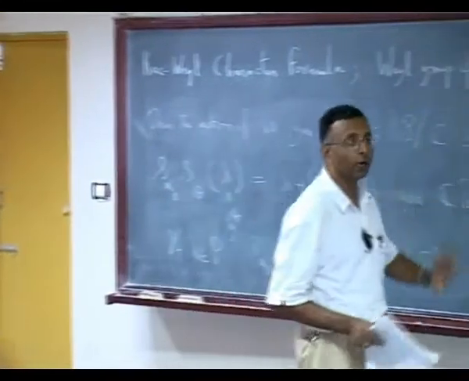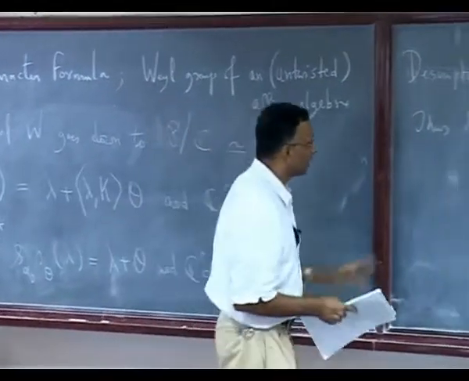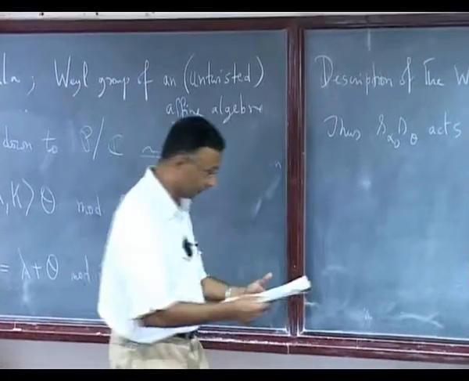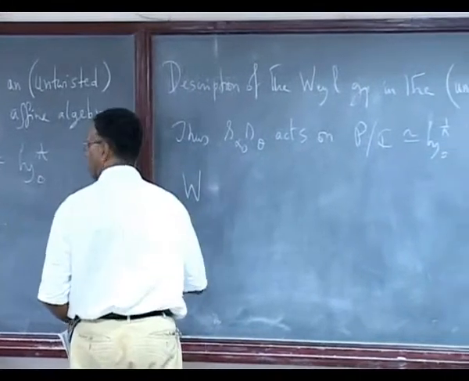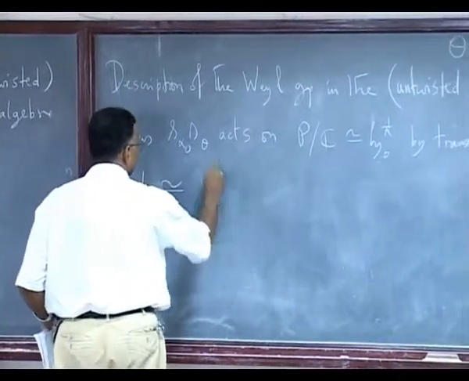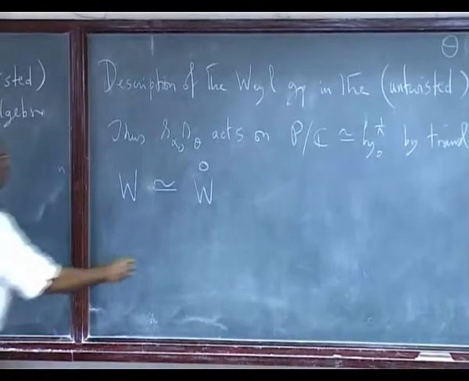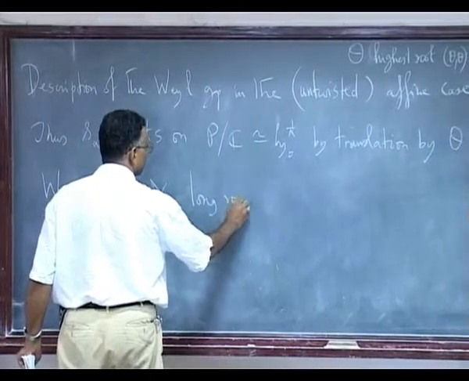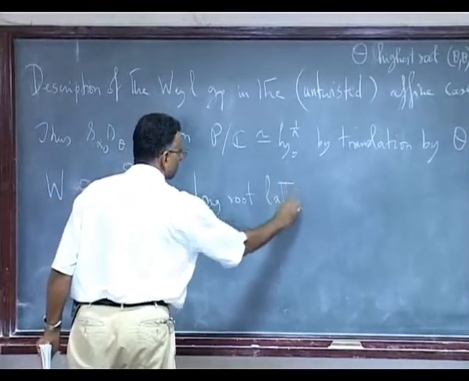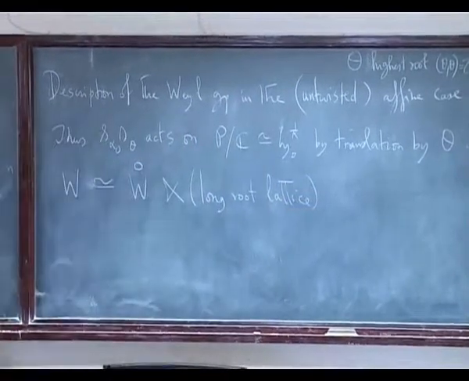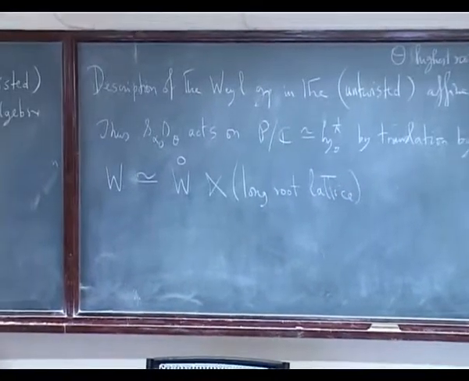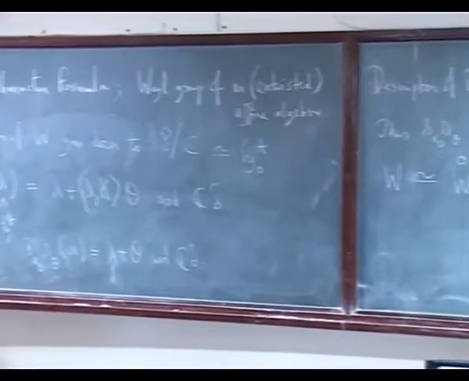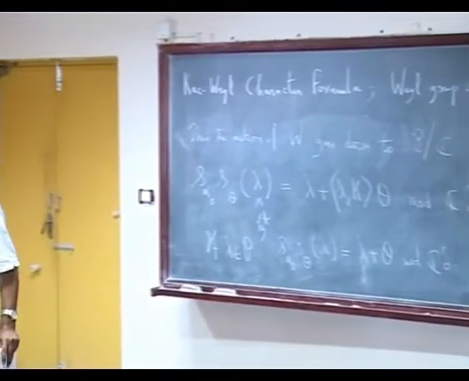So this I hope gives you an idea of the following statement, whose proof I will not do, but I hope it is convincing enough: the Weyl group is isomorphic to the finite Weyl group semi-direct product the long root lattice, by which I mean the lattice generated by the long roots, because theta is a long root and all its Weyl group translates will be long roots.